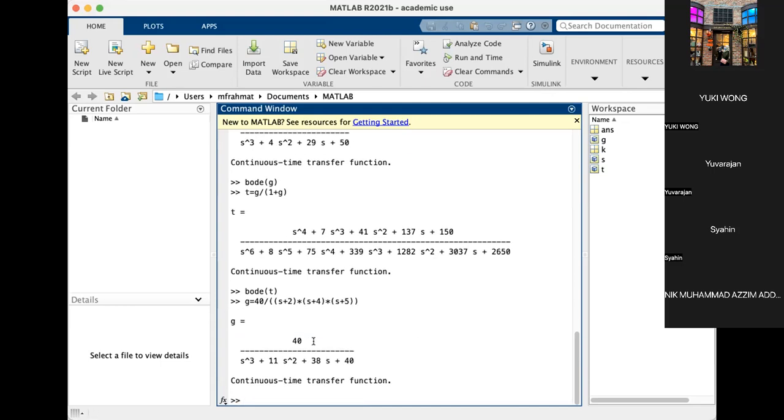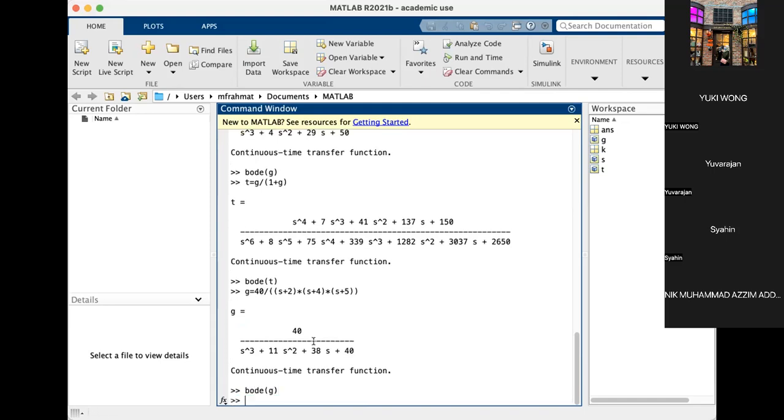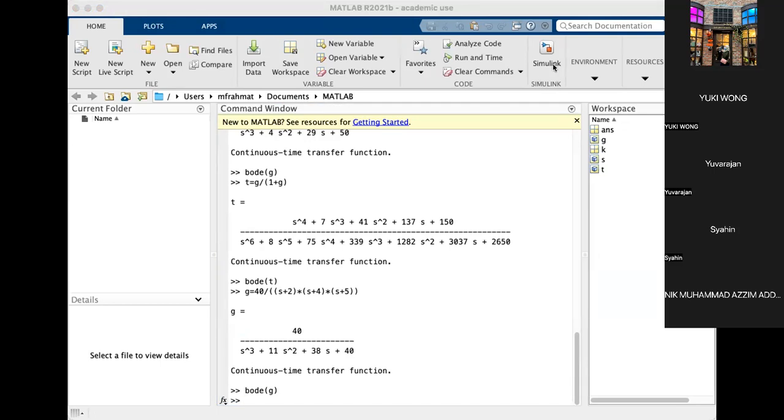Okay, and then bode. Right, so this is the plot.